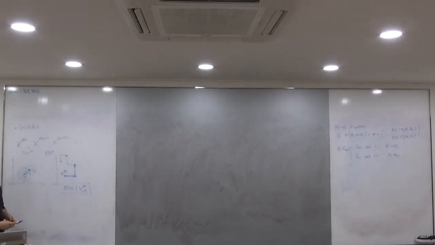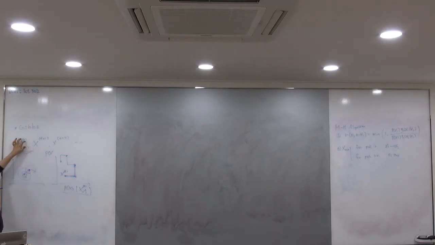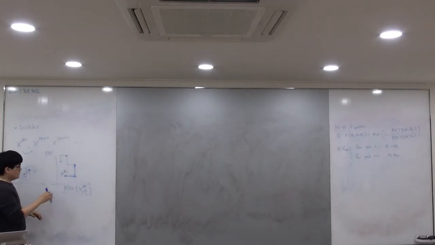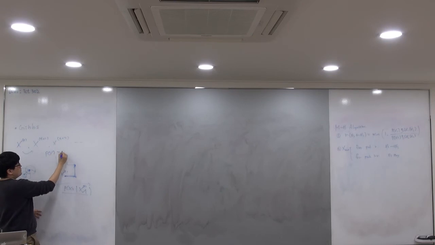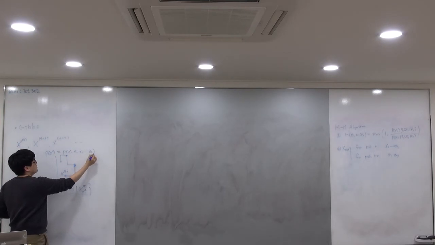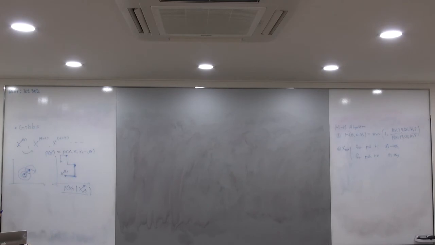Sorry, this one is a notation for the dimensions, and this one is a notation for the samples. P of x is actually P of x1, x2, x3 to the x_d dimension. So it is a d-dimensional probability density function.